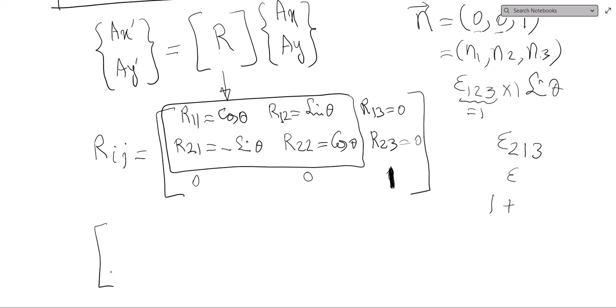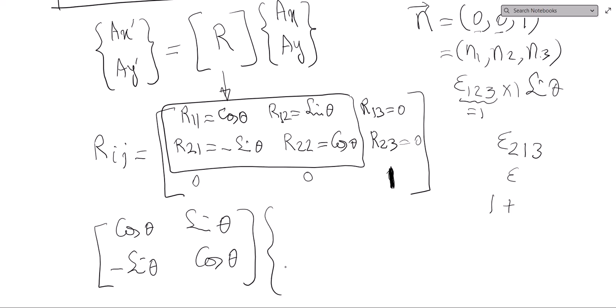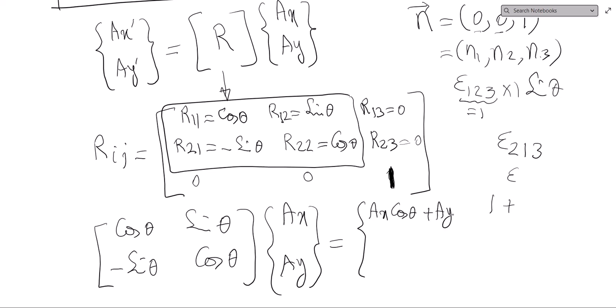So if I come here and get my rotation matrix and multiply it by a_x, a_y, what do I get? I get a_x cosine theta plus a_y sine theta.